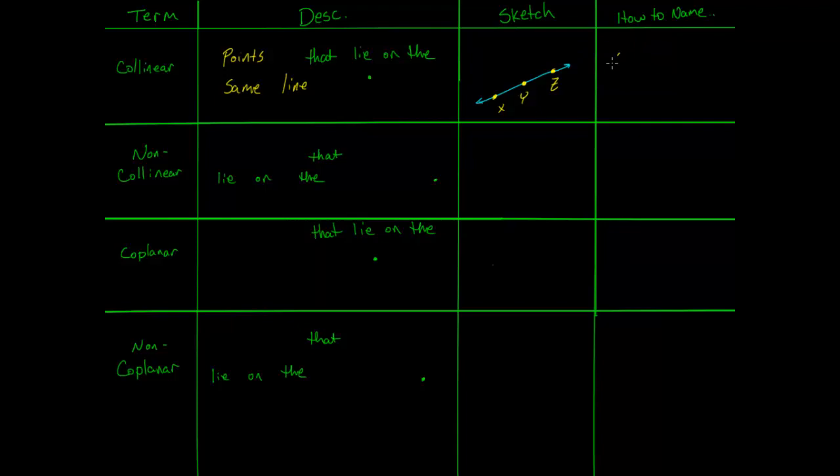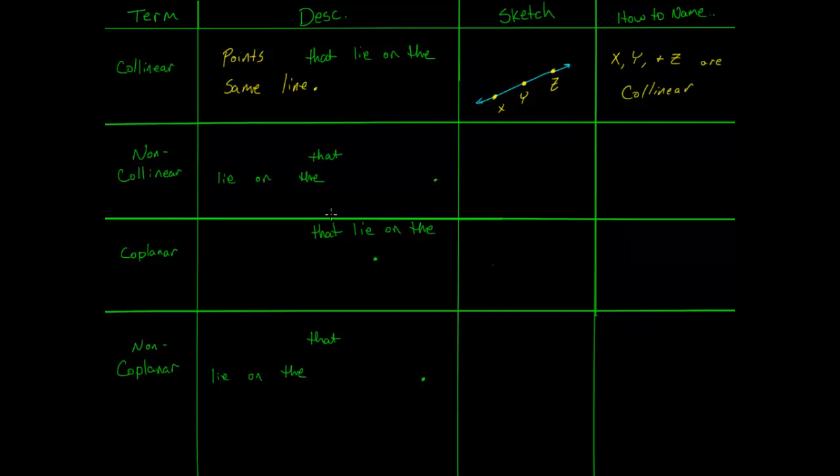We're just going to say X, Y, and Z are collinear. That's all you simply do. You just say these points are collinear. They all lie on the same line. And I need to put my period about where it goes. There we go. Points that lie on the same line. That is collinear.